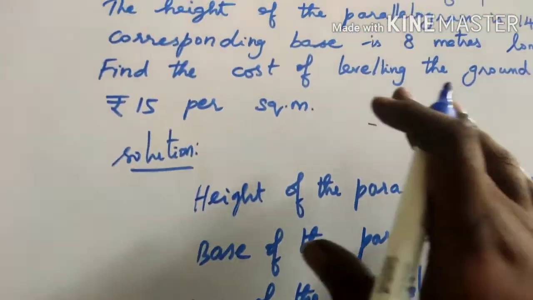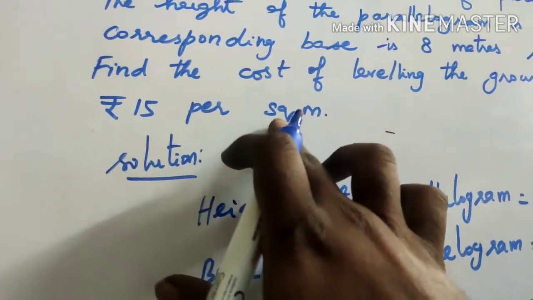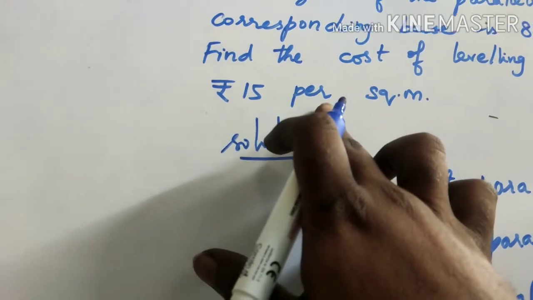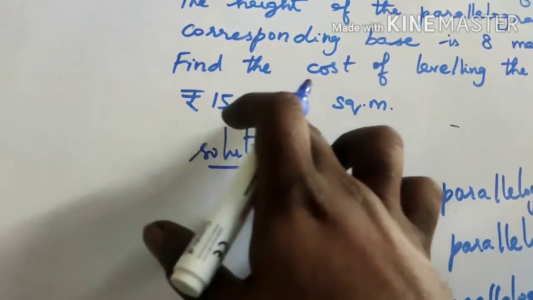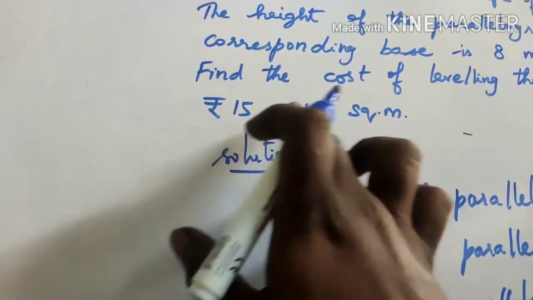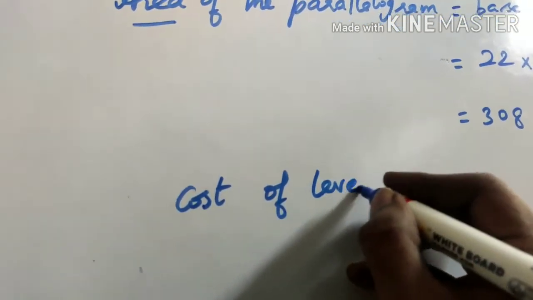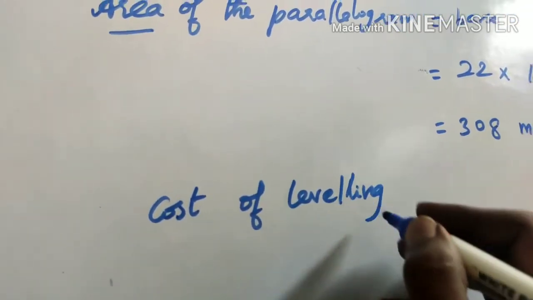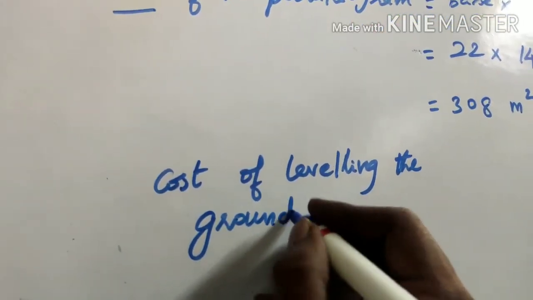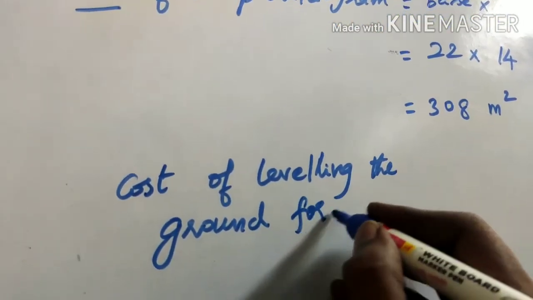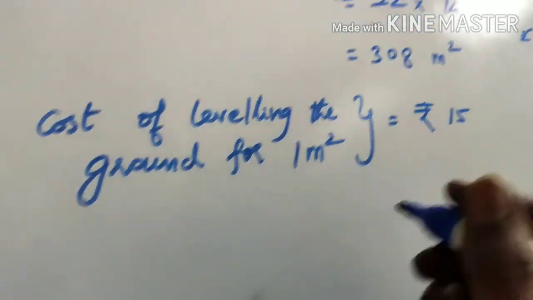They are asking what will be the cost of leveling the ground. At the rate of 15 per meter square, that is square meter. Square meter means meter square. Per means 1, so for 1 meter square 15 rupees. That means cost of leveling the ground for 1 meter square equal to rupees 15.